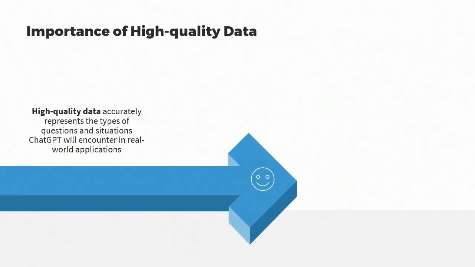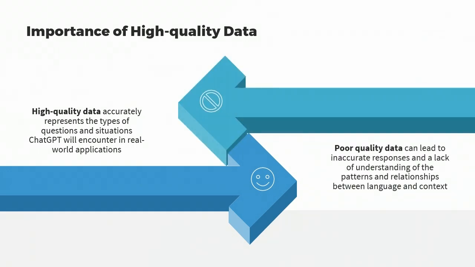High-quality data is defined as data that accurately represents the types of questions and situations that ChatGPT will encounter in real-world applications. This means that the training data should be diverse, comprehensive, and representative of a wide range of contexts and situations. By exposing ChatGPT to high-quality training data, the model can learn the patterns and relationships between language and context.